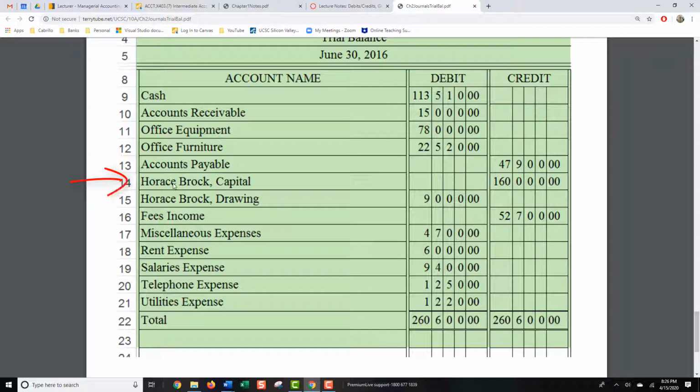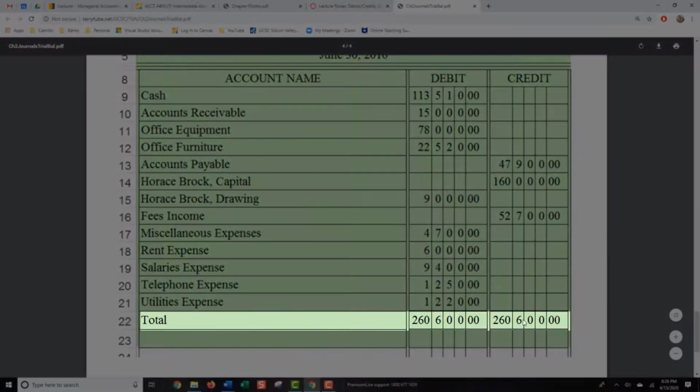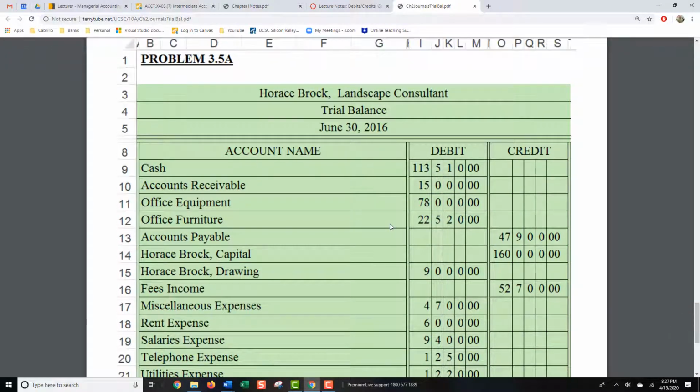Then your owner's equity, the capital and the drawing. Then your revenues. Then your expenses. So you list all the accounts and their ledger balance, and then you check to make sure debits equal credits. And you would do that before you would do any adjusting entries, before you do any closing entries, before you would close your books at the end of any period.